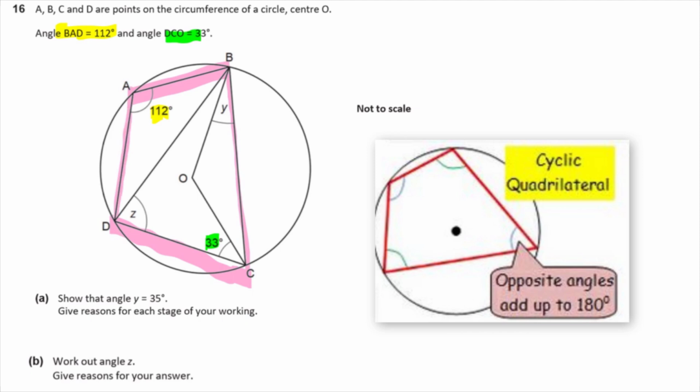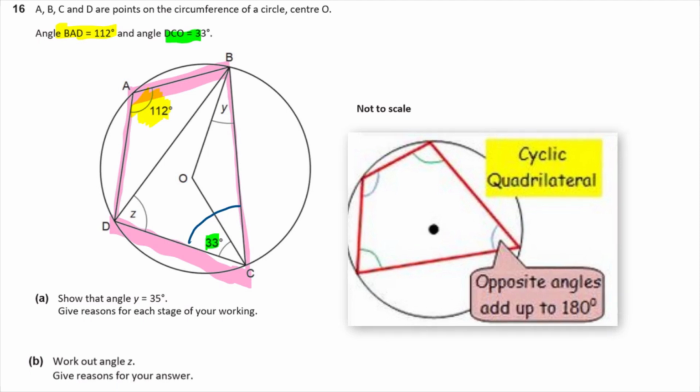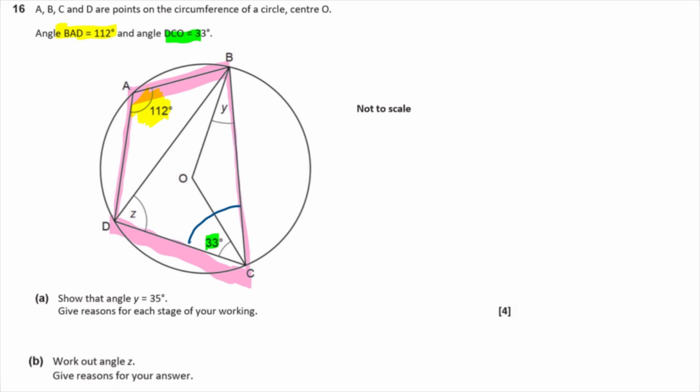If I fade out all the rest of it and concentrate on that cyclic quadrilateral, then I know that in cyclic quadrilaterals opposite angles sum to 180 degrees. I've got this 112 angle here, so I can use that to find this angle from here to here, because those two should add up to 180 degrees. So that's my first thing I'm going to be using.